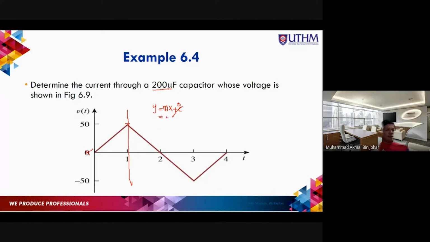So you will get y equals 50x, or 50t, where x is the t axis. So m is 50, and you get 50t. So from 0 to 1 you have the equation 50t. That is the mathematical equation describing the situation from time 0 seconds to 1 second.